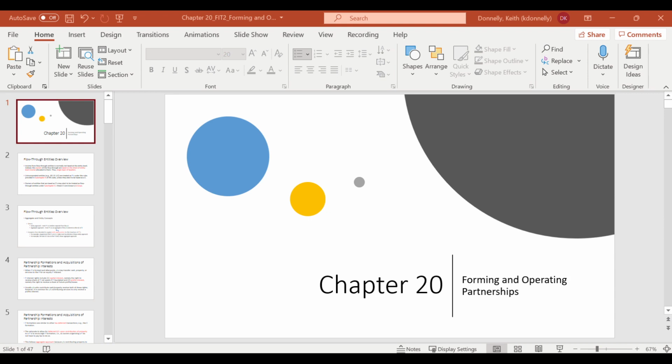In the same way that we looked at the life cycle of a corporation, like forming it, its operations, and then wrapping up or distributions from the corporation at the end of the road, we're going to be looking at a similar thing with partnerships, the entire life cycle. This chapter specifically is going to be looking at the formation and the operation of partnerships. What are the tax consequences of doing that?